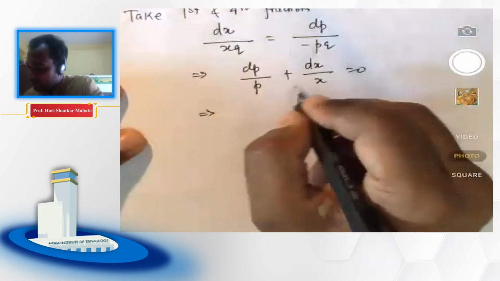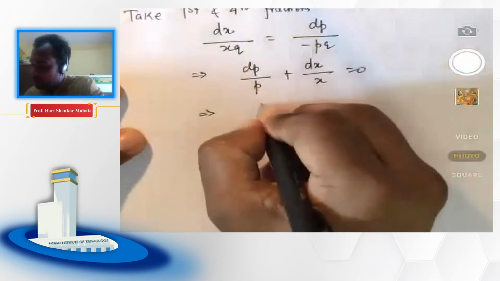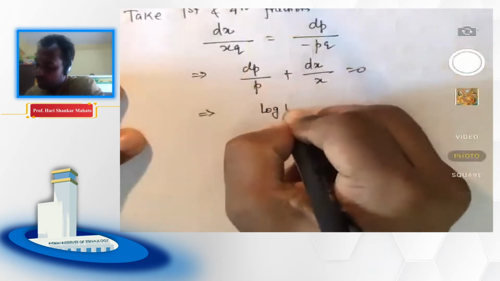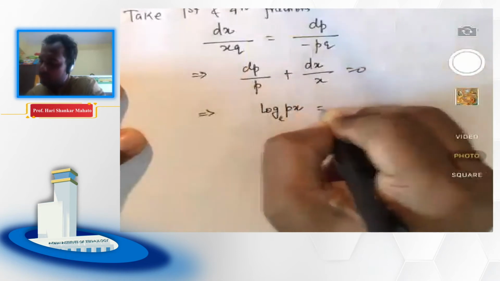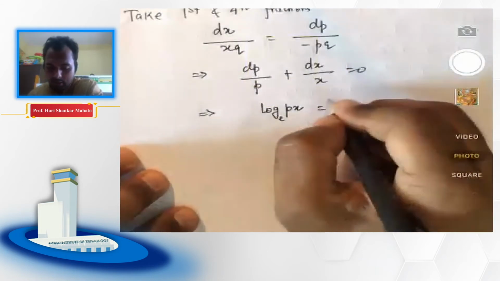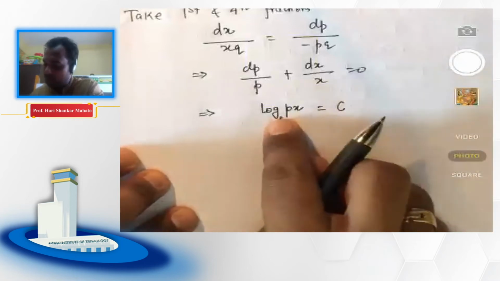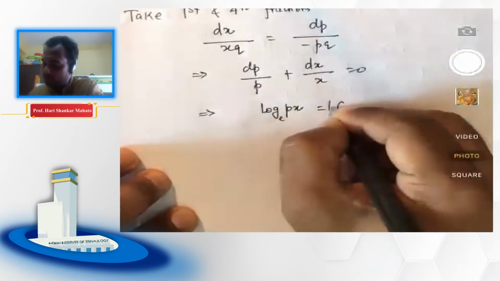So when we integrate, this becomes log of px equals to some c, and therefore equals to some log of c.